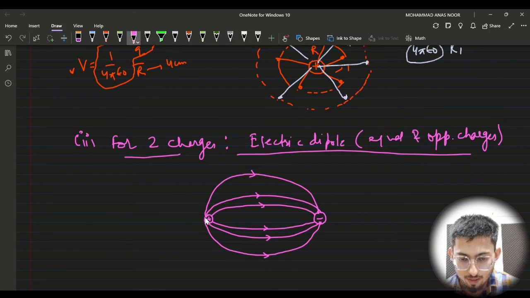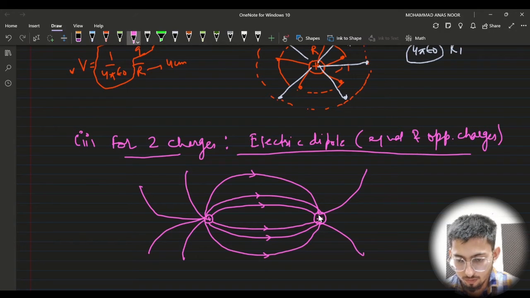Now outside it is going like this, on this side also. From the positive charge it will emanate and end at the negative, so it will come into it. This is the electric field.